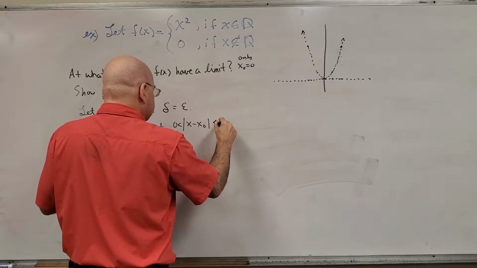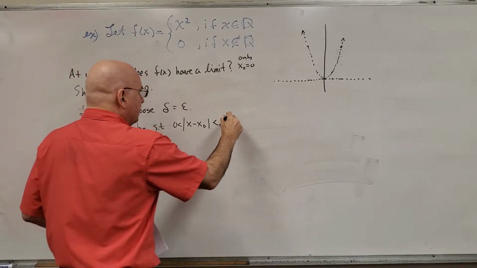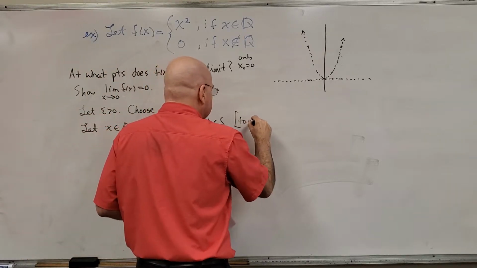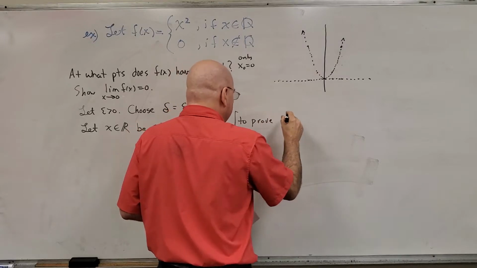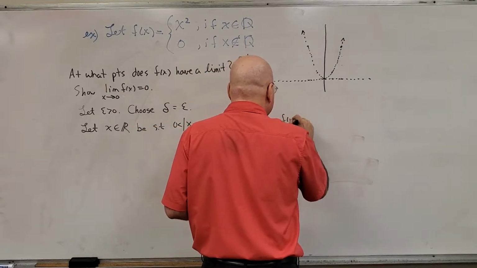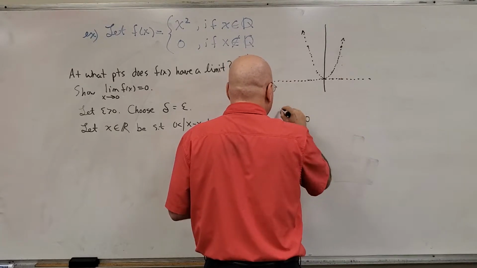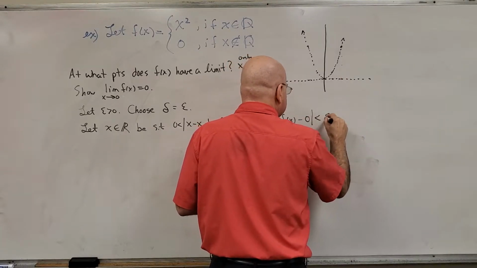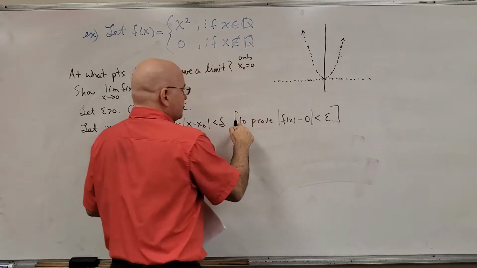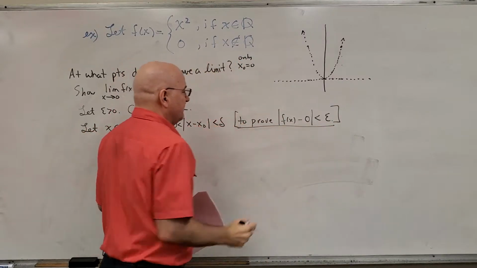Let's say that that's less than delta. And then I'll just make a note. We're going to do that to prove that f of x minus the limit, which is 0, is less than epsilon. So this was an optional thing to write, what I'm underlining there.